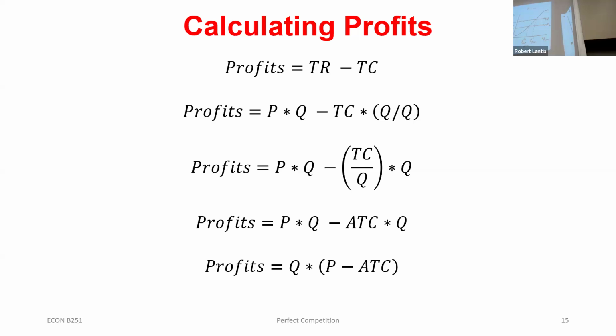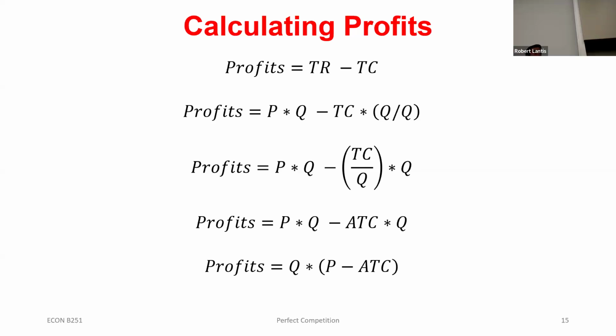Essentially, what's in parentheses there would represent my per unit what? Profits, right? Price is like my per unit revenues. Average total cost is my per unit costs. So this profit equation is saying, take my per unit profits, multiply it by the quantity I'm producing, that would give me my total profits.